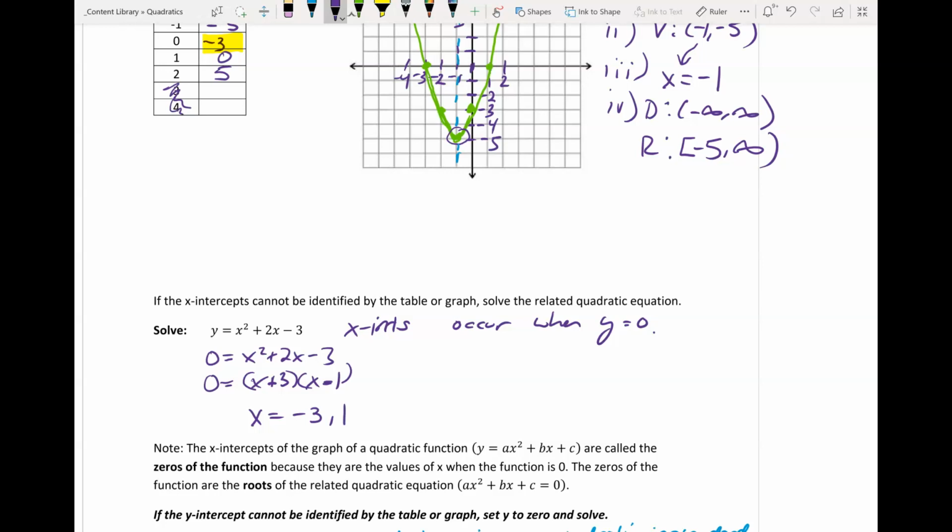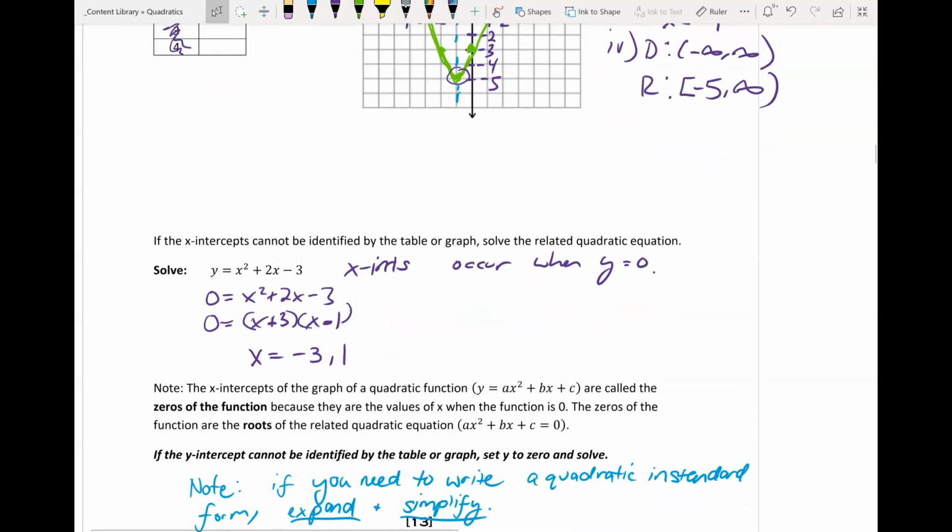And those are your x-intercepts, and that's it. These x-intercepts are also called zeros of the function, because these are the values of x when the function is 0. And the zeros of the function are the roots of our quadratic equation. So please take a note of these terms because they will be used interchangeably.